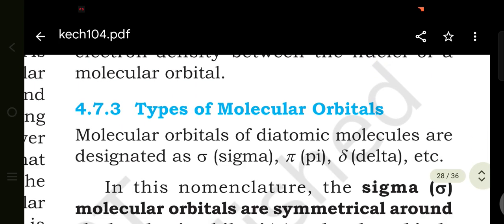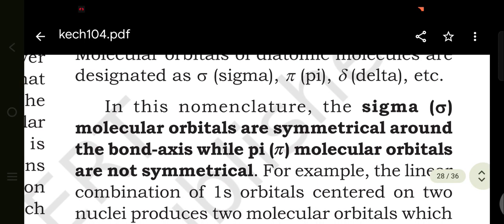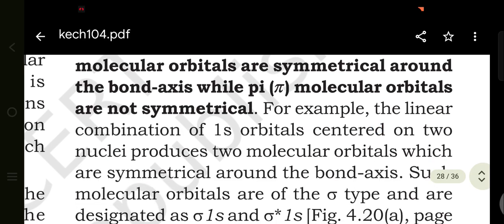Types of molecular orbitals. Molecular orbitals of diatomic molecules are designated as sigma, pi, delta, etc. In this nomenclature, the sigma molecular orbitals are symmetrical around the bond axis, while the pi molecular orbitals are not symmetrical. For example, the linear combination of 1s orbitals centered on two nuclei produces two molecular orbitals which are symmetrical around the bond axis.